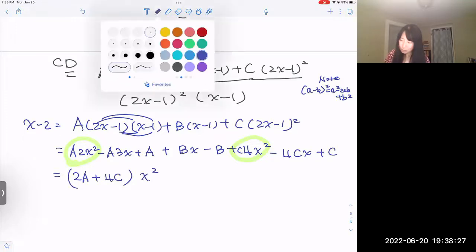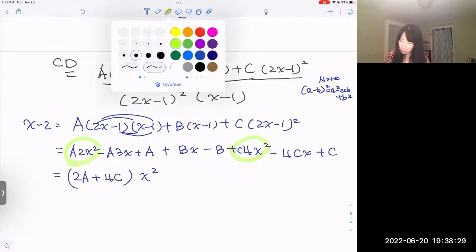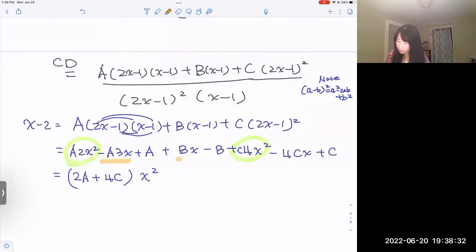For the x term, minus 3a plus b minus 4c times x. And the constant term has a minus b plus c. Okay. All right.